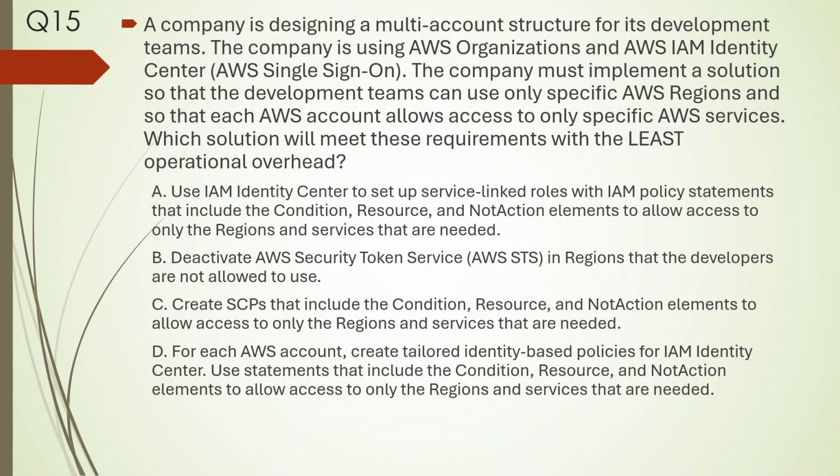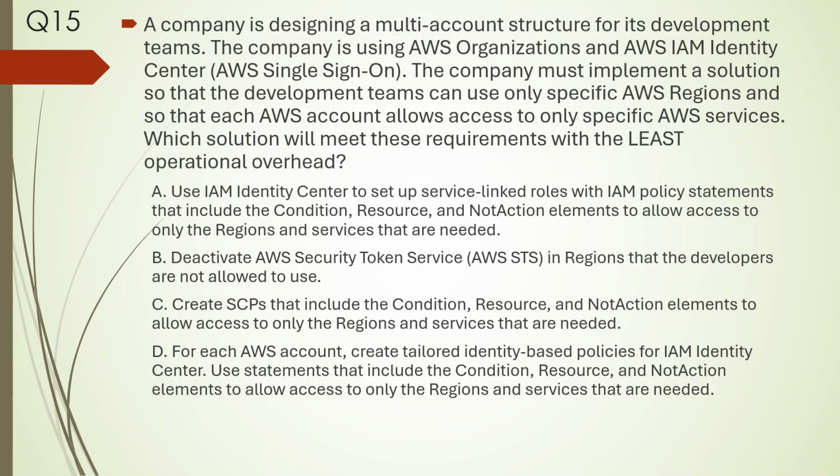Option A: IAM Identity Center to set up service-linked roles with an IAM policy statement that includes Condition, Resource, and NotAction elements to allow access to only regions that are needed. Option B: Deactivate AWS STS, Security Token Service, in regions that developers are not allowed to use. Option C: Create a service control policy that includes Condition, Resource, and NotAction elements to allow access to only regions and services that are needed.